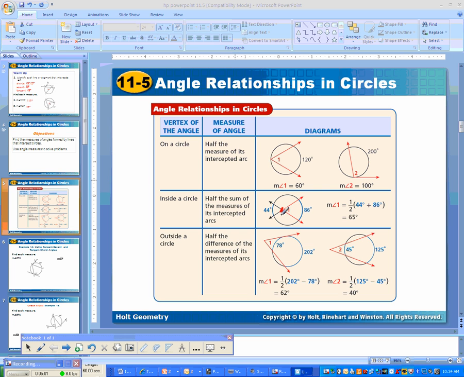What's going to happen is you're going to take these opposite arcs, add them up, and divide by 2. So I would write for this second formula, you're going to take arc 1 plus arc 2 and divide it by 2. And remember, I would also write down that the arcs are opposite of the angle. And remember, this is always when the vertex is inside the circle.